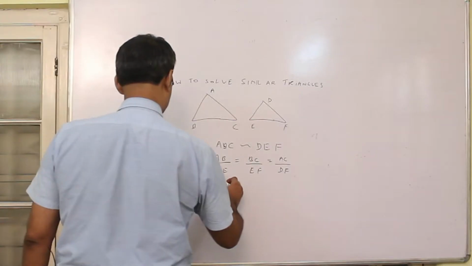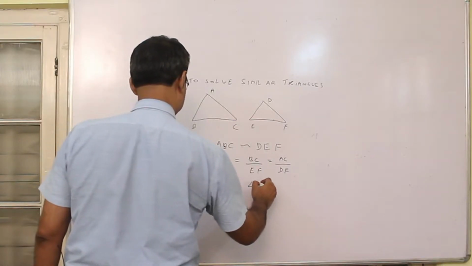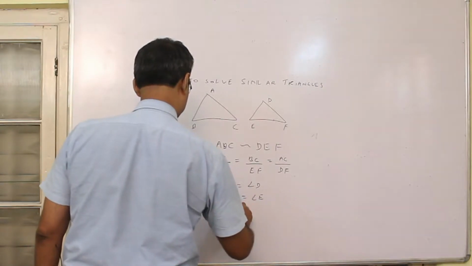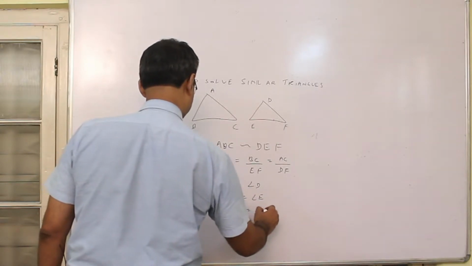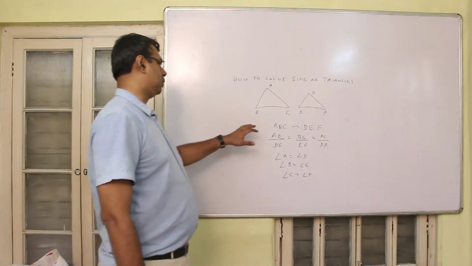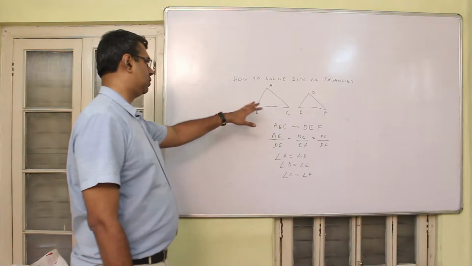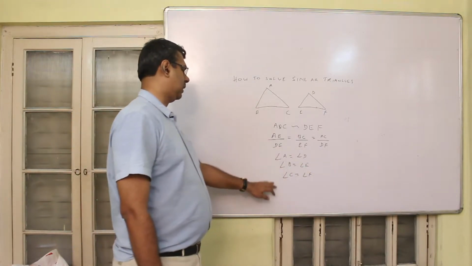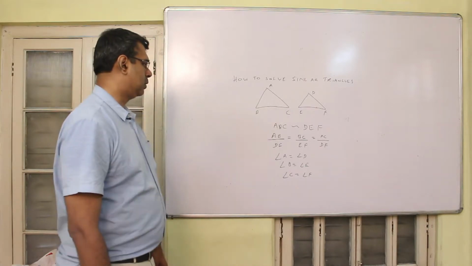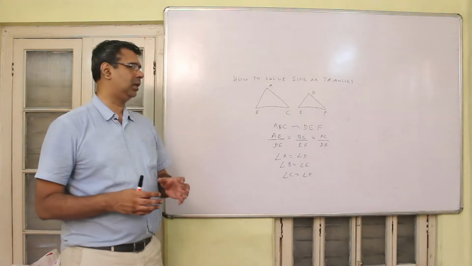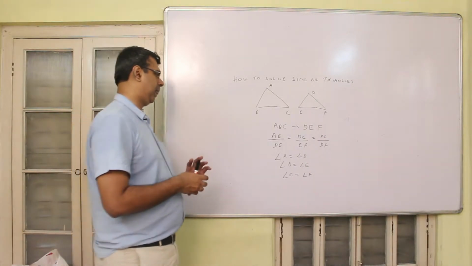Secondly, the corresponding angles are equal: angle A equal to angle D, angle B equal to angle E, angle C equal to angle F. So the sides are proportional and the corresponding angles are equal. You can also say that two triangles which are equiangular are similar triangles.